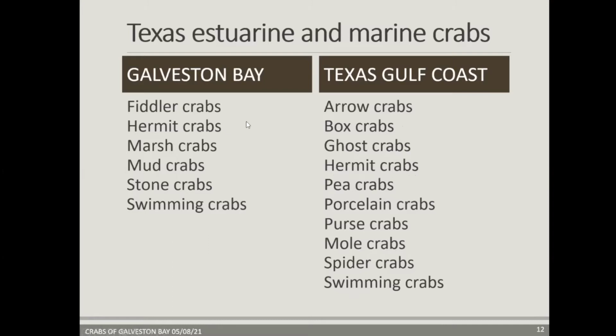And I think you'll notice as we go through some of the common ones that the estuarine crabs, the ones in Galveston Bay, aren't nearly as strikingly colorful and pretty as the ones that live in the deeper water. But these are ours, and they're also pretty special.